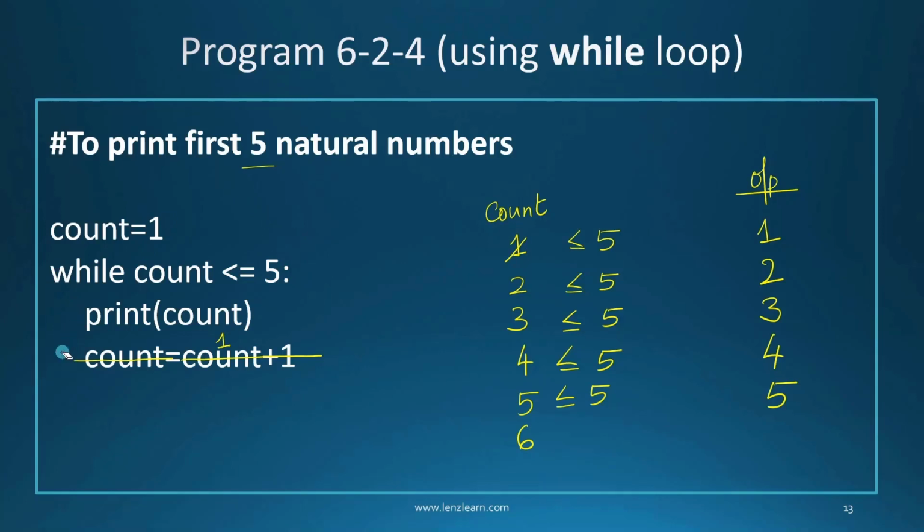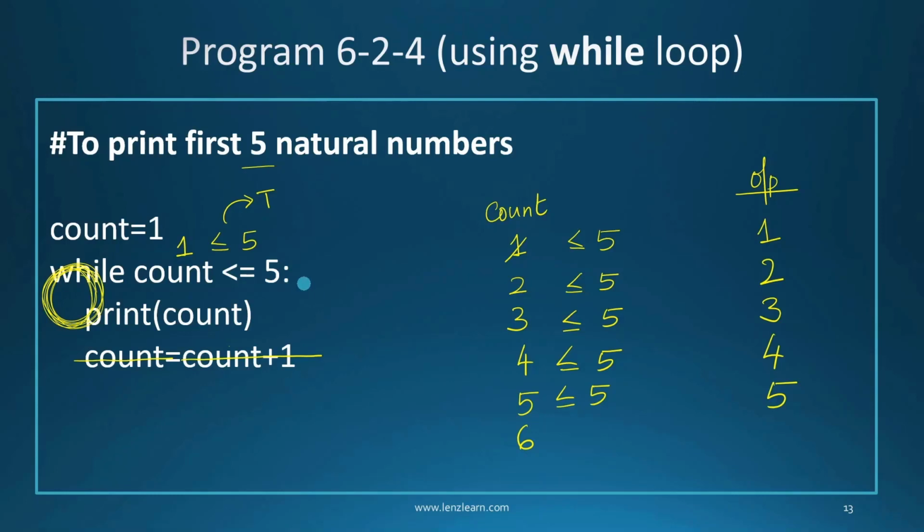So here you can see, if you forget to write this last line, then you are not incrementing the value of count. So however many times this while loop executes, always the value of count will remain as 1. And when you check whether 1 is less than 5, this will always evaluate to true. So this loop will never stop. It will keep on executing again and again.